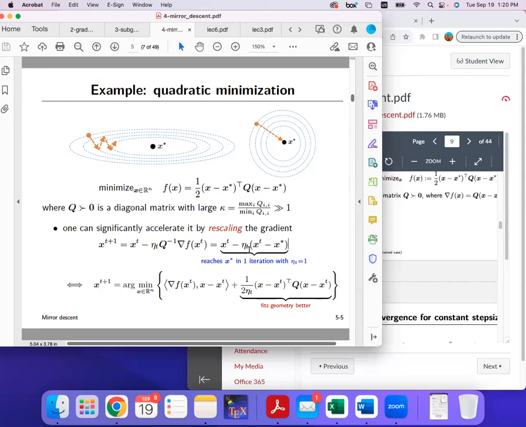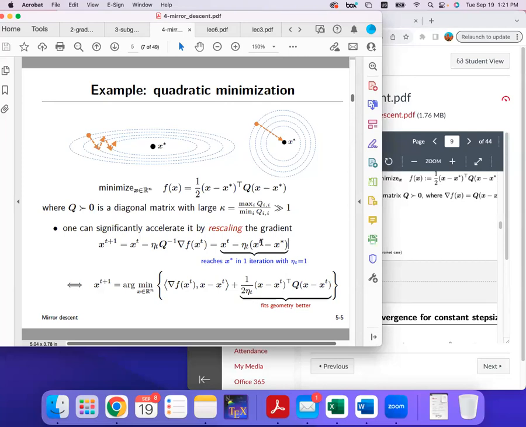If you set eta t equals to 1, these two cancel. Now x t plus 1 is x star. You will jump to the optimal solution in one iteration. So this rescaling trick seems to be very effective for this problem.